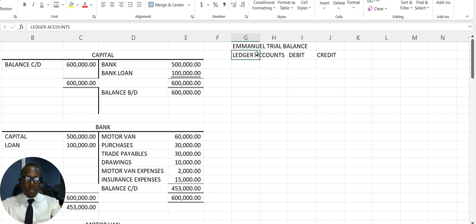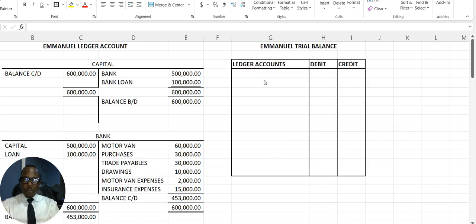So we do this like this, to centralize it. So this is how you prepare your ledger account, or your trial balance rather.